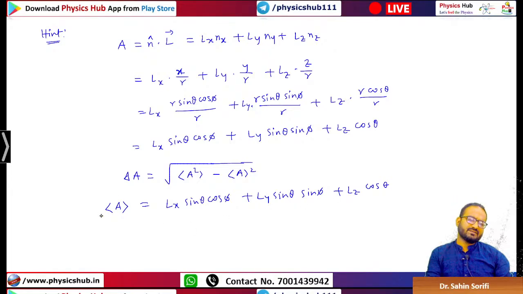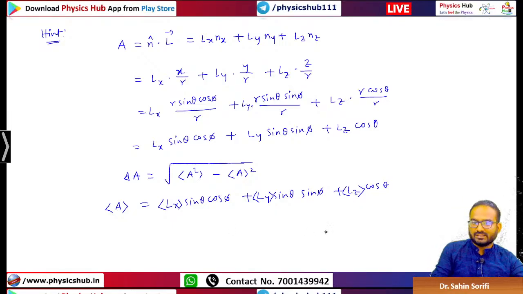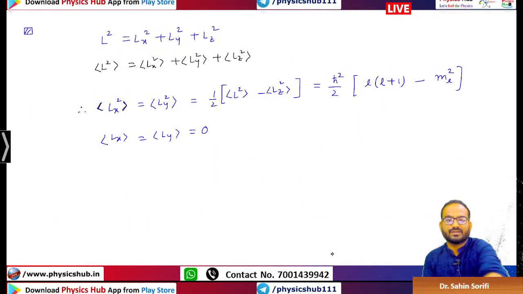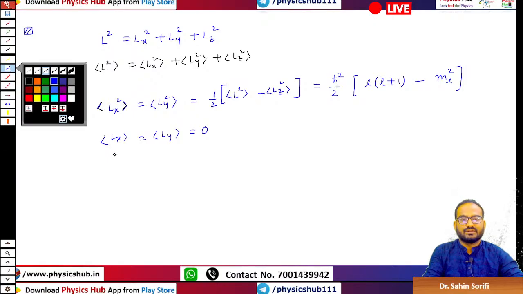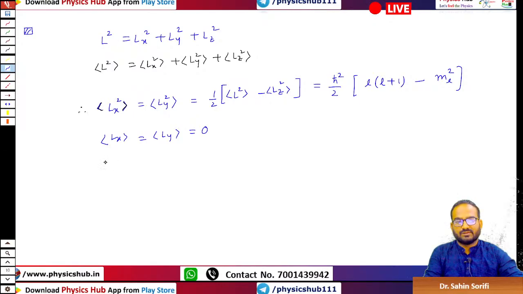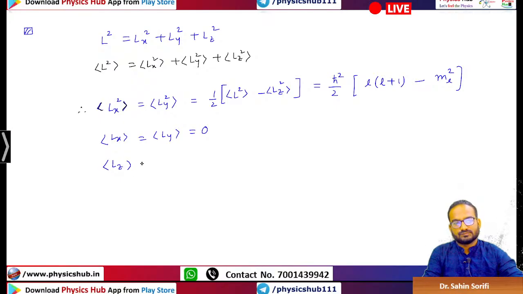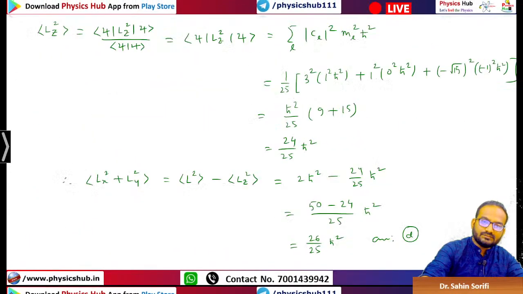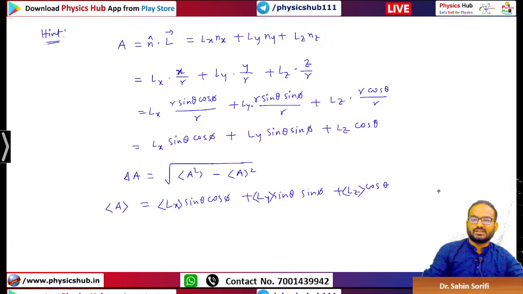You are taking the expectation value of Lx, Ly and Lz. Then you can easily calculate. We have already told you what are the expectation values of Lx, Ly and Lz. Expectation value of Lz is what? You already know, it is ml h cut. So in this way, by putting the values, you can find out A. Similarly, you can find out A square.